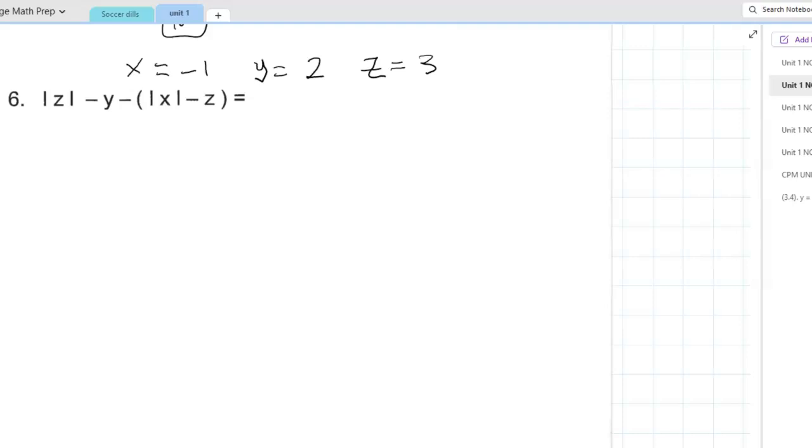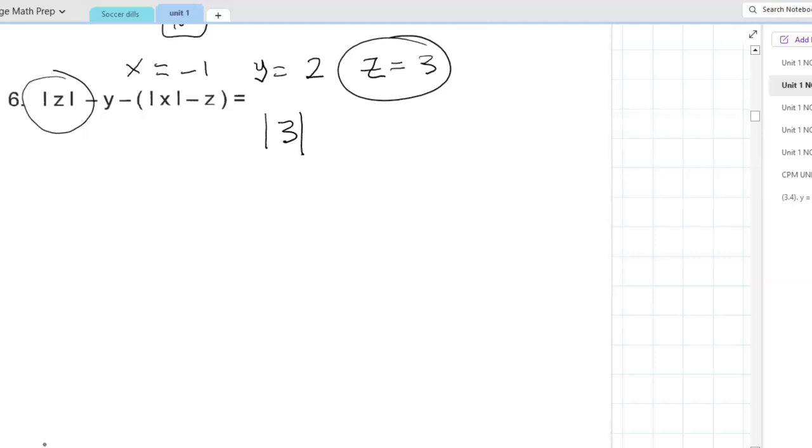Quick 1-2 review. When we're evaluating expressions, let's make sure we don't get lazy here. Take this expression right here and plug in exactly as you see the values that are given to you. So the absolute value of z, I'm going to rewrite that as the absolute value of, well, they told you z was 3, so that's here, minus y, so that's minus this value of y, which is 2, minus, now we're working on this.